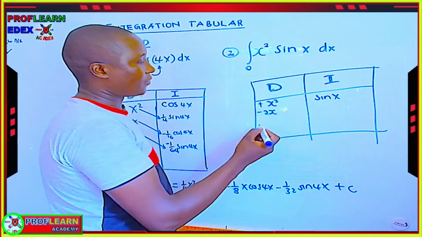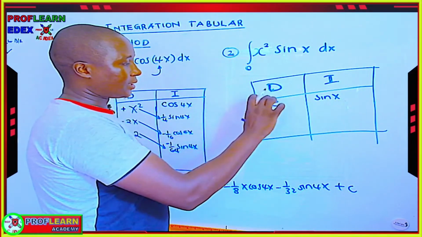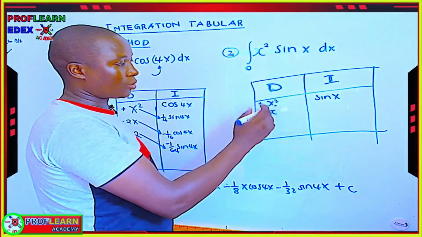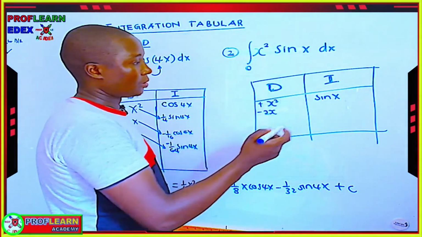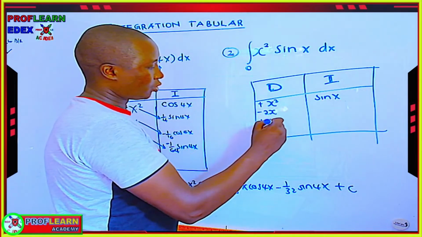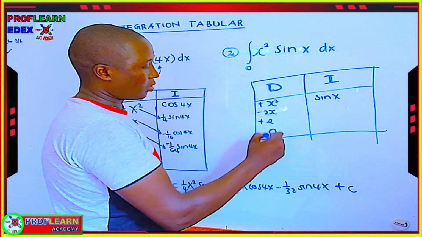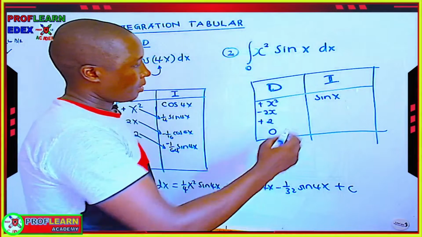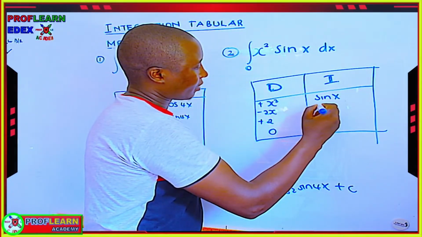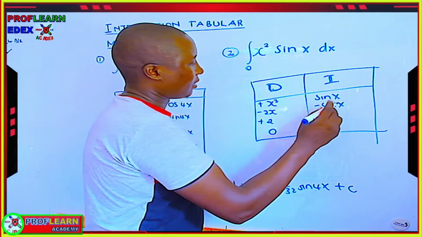We shall have a negative sign, because we keep on alternating the signs. Then differentiating this now, we shall say positive 2. Differentiating a constant, you are going to get 0, and you stop there.